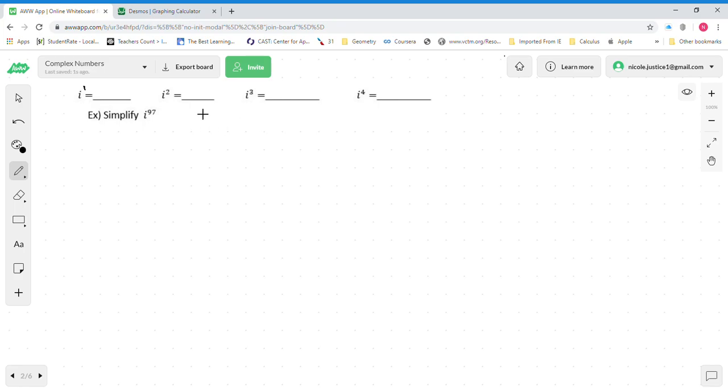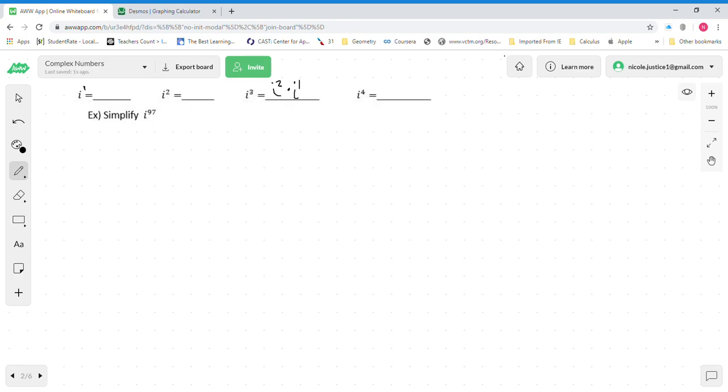i squared is -1, and that's how when we take the square root of a negative number, we just put the i on the outside. i to the third, you don't necessarily have to memorize. If you remember these two, you can get i to the third. So i to the third is the same thing as i squared times i to the first, because when you multiply, you add the exponents.